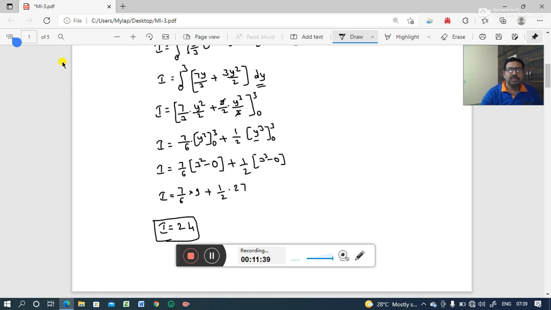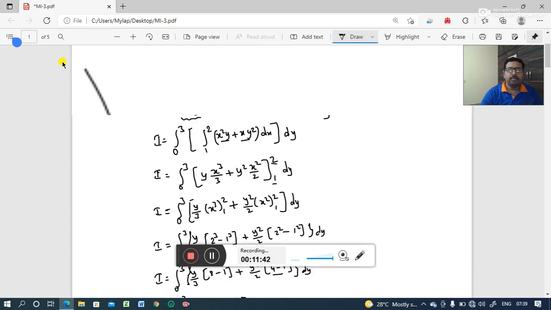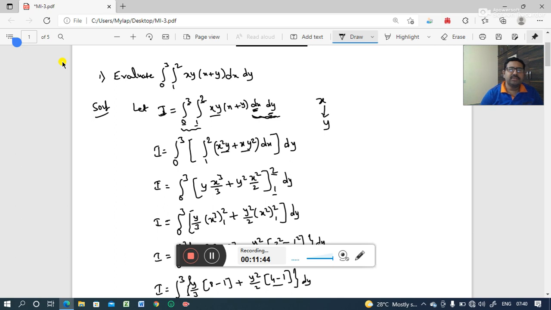So this is the method of solving the problem when they give direct limits. So here let us recall these concepts. When they are giving direct limits, you focus on the limits and try to identify whether the given limits are constant limits or variable limits. If the limits are constant, then you decide the order of integration on the basis of the variables dx and dy.